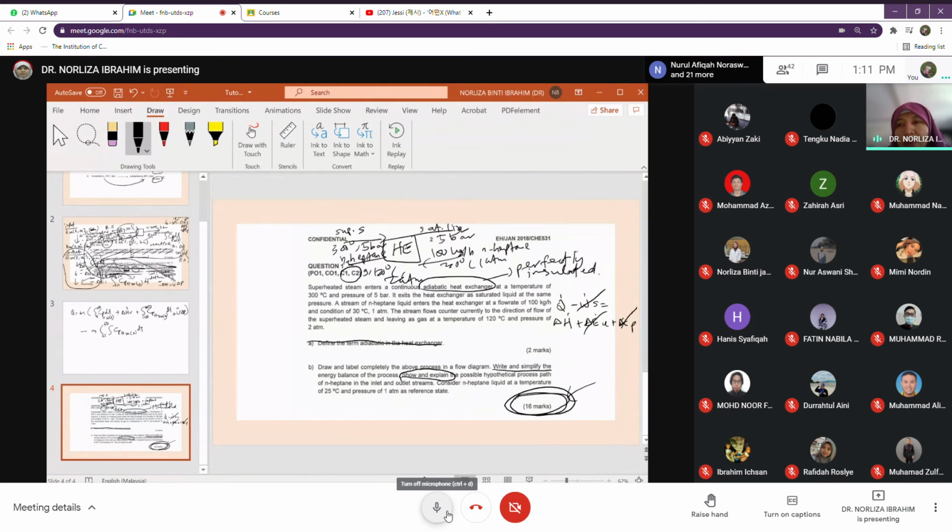Okay, your assumption. Whether it's assumption ke whatever you want to mention, you have to mention that delta EK must be equal to 0 because no accelerating. There must be an explanation on that.